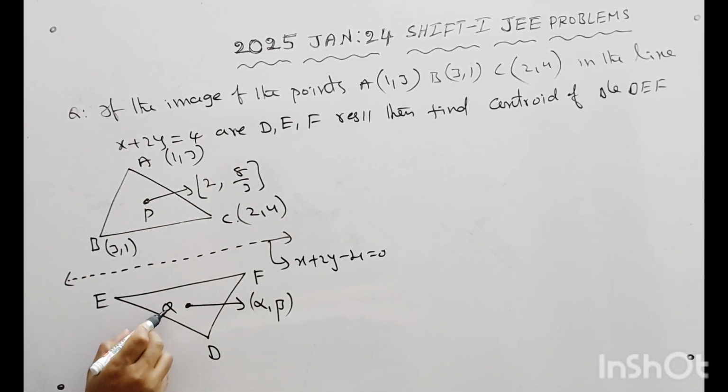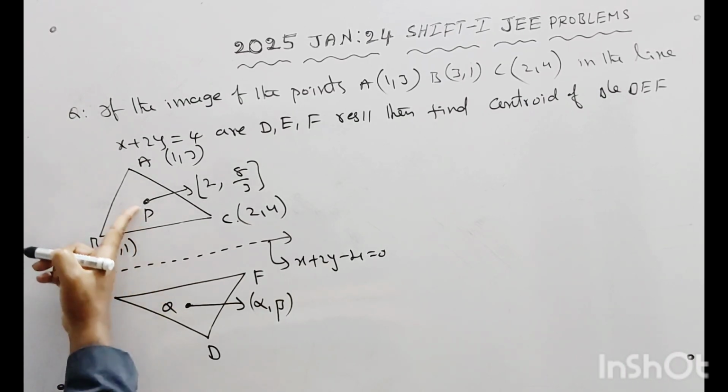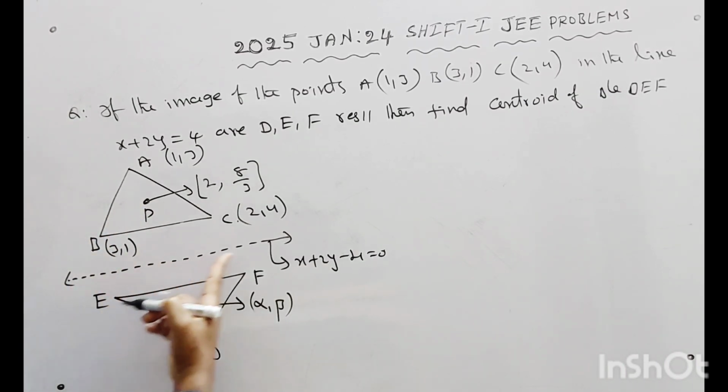Here Q is the reflected triangle centroid, so Q is the image of this point with respect to this line.